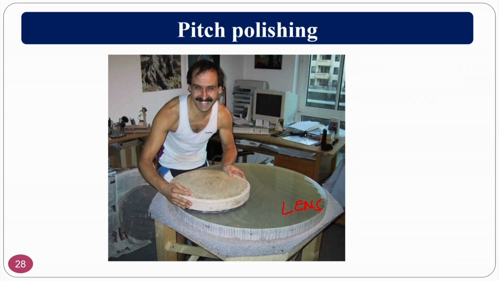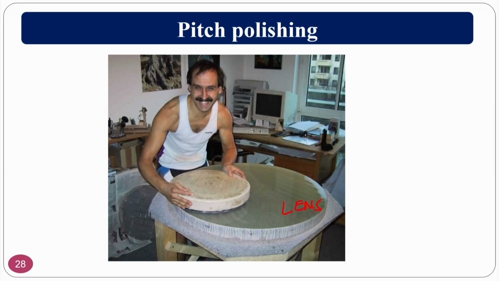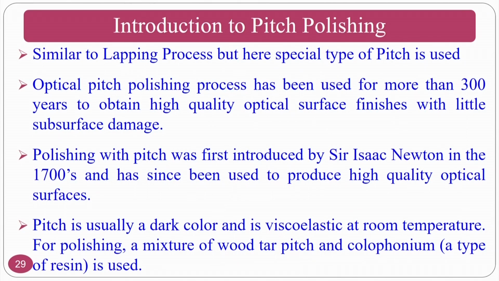Normally, pitch is one type of polymer used along with abrasives, and some pads will be available where you can use this pitch, and you can do it by the trial and error method. Normally, it started with the trial and error method. Nowadays, automated technologies are there, which you can see in the upcoming slides.